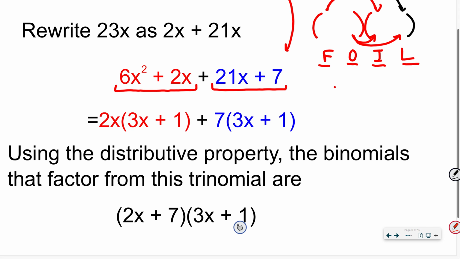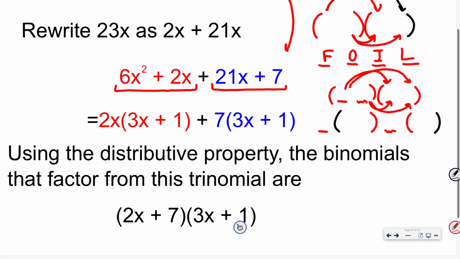Again, for those of you who like to do the distributive property when we multiply 2 binomials, we multiply the first term times the second parentheses, which represents the F and the O of FOIL, and then the second term times the other parentheses. Really, we're undoing that. We're doing the reverse of FOILing or distributing, depending on how you multiply.